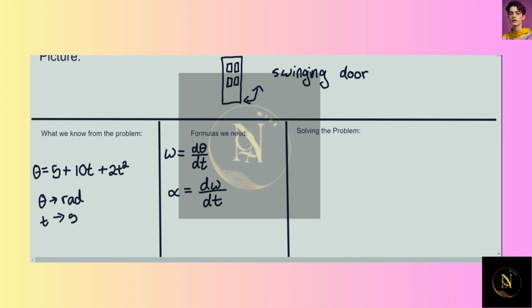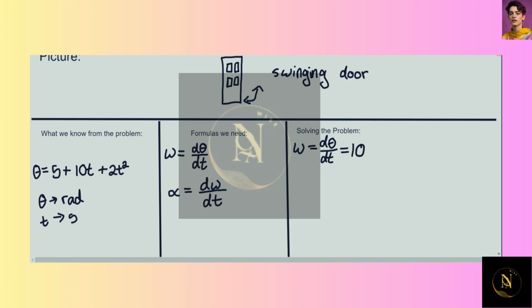So let's start solving for first the angular speed. Omega equals d theta dt, which equals, first we have to think 5. That's a constant, so it goes away when we take a derivative. 10t is going to turn into 10 when we take the derivative, because remember, you take the exponent, multiply it, and then you get rid of one of the exponent.